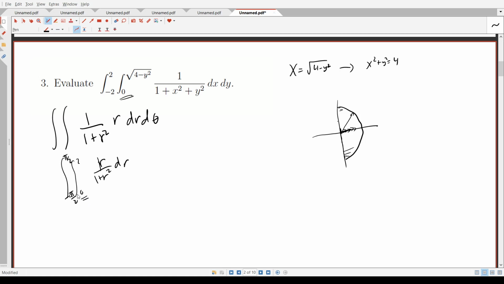So the question is, if the inner bound was flipped, would it be the other side of the circle? So the negative side of the circle would be from minus square root of 4 minus y squared to 0. This curve is that curve, so the negative.